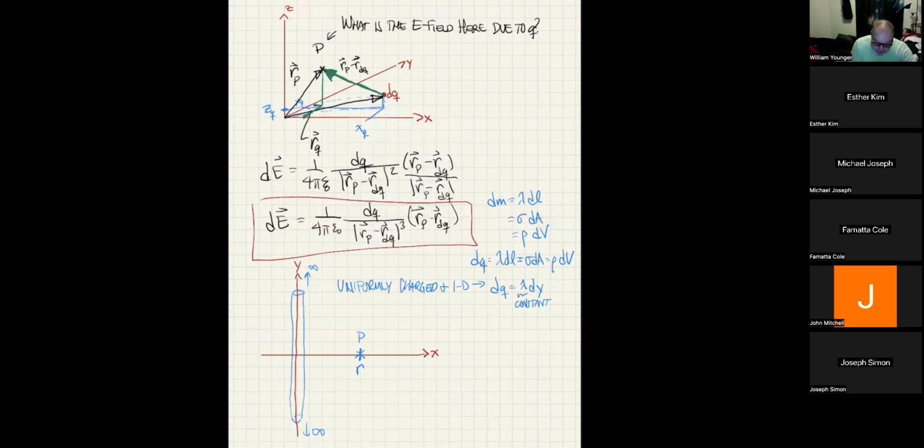So I'm going to draw my little differential charge element right here as dq is equal to lambda dy. Now, according to the formula, I have to have a vector that points from the origin to P. Can anybody guess what that vector would be? Can you tell me how long it is, for instance? Or can you tell me what direction it points in? Any of those? We ain't got much time, so I got to roll on here.